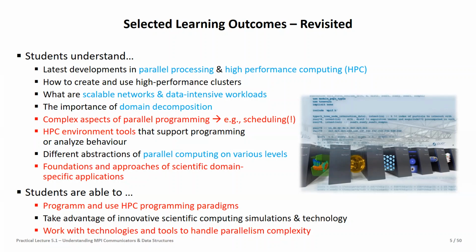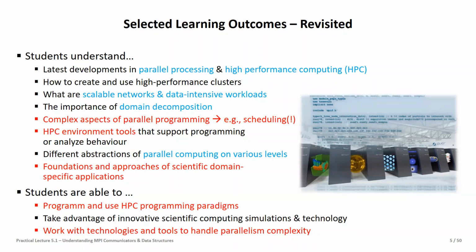When you think about this, this is really a key ingredient in many domain-specific applications. So here you have the foundations and approaches of many scientific domain applications when you think about HDF5, but also about the Cartesian communicator, and also about the non-blocking communications.